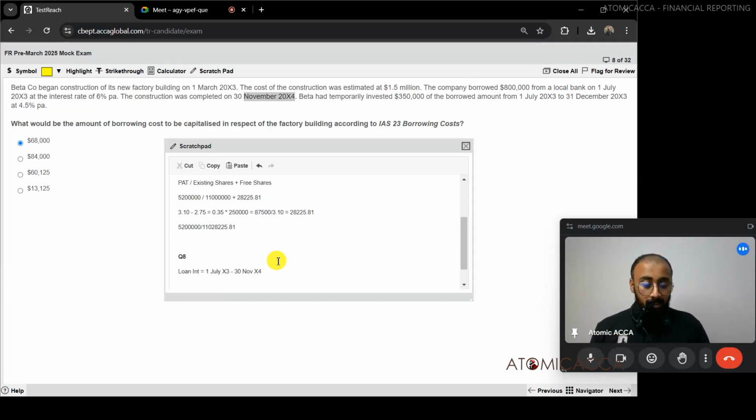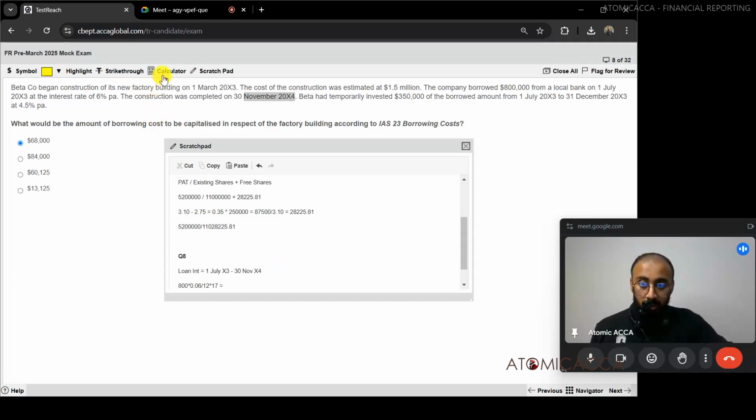How much loan did I take? 800,000 multiplied by the interest rate, 6%, so 0.06. That is per annum, so if I divide by 12, I'll get the monthly rate, and if I multiply this by 17, I'll get the 17 months interest.